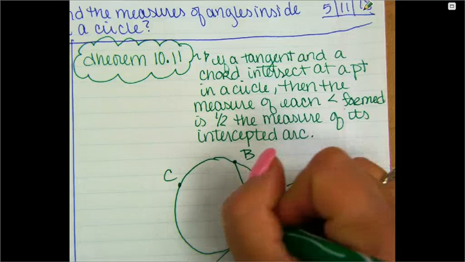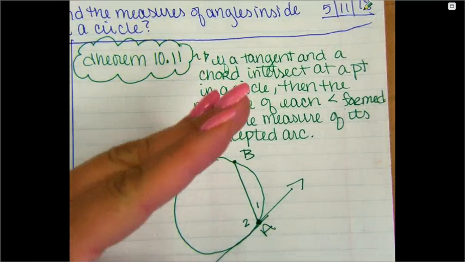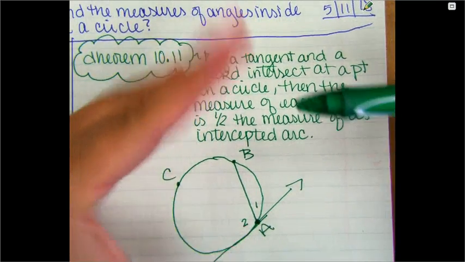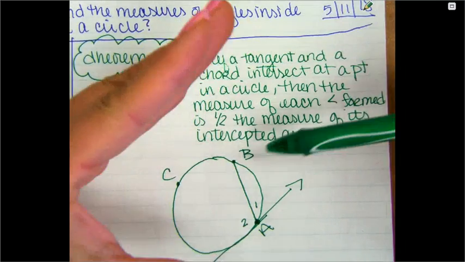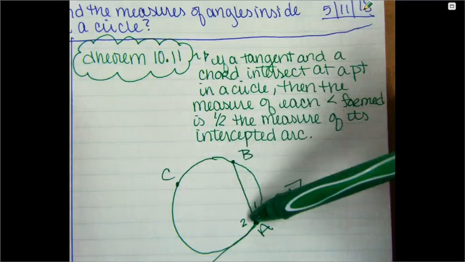What does it mean to be an intercepted arc? It lies in the interior of the angle. Let's think about this. We're going to pretend we have like Pac-Man, yes? Let's pretend we're looking at angle 2.